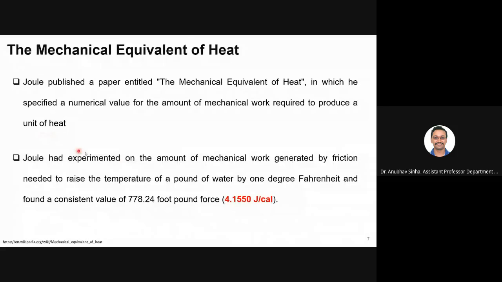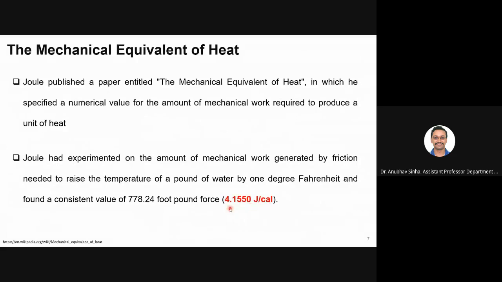What he did was use work generated by friction, which we discussed, by that paddle wheel. So he provided the value of J. He said that if you take 1 pound of water, so these are not SI units, pound and Fahrenheit, and heat it by 1 degree Fahrenheit, this is the amount of work that is required.